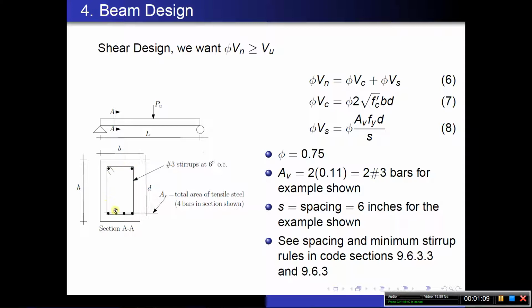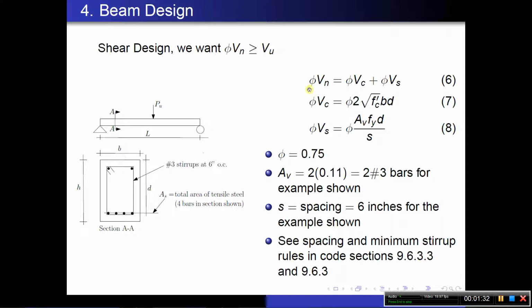That reinforcement will assist in the resistance to shear forces that exist in the cross section of this reinforced concrete beam. And so in this situation, of course, our task is to calculate phi Vn and make sure that it is greater than or equal to V sub u.